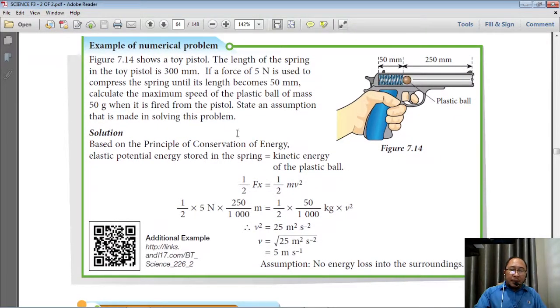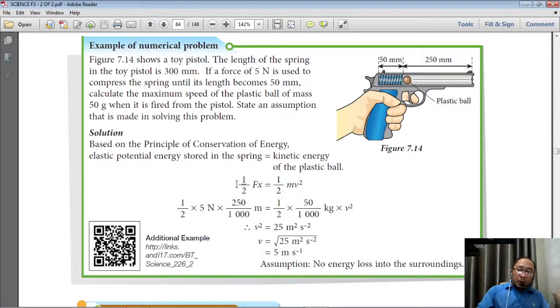We have an example of a numerical problem here using this pistol. There is a calculation given here, and we are using the equilibrium, meaning the value of the potential energy changed to the kinetic energy is the same. Maksudnya sama.